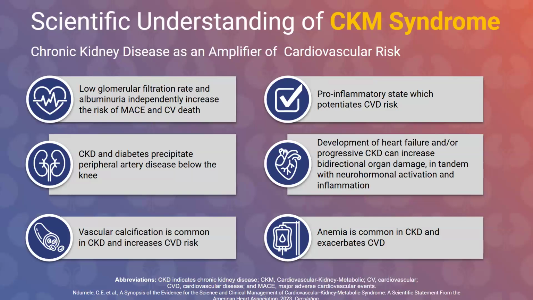And the kidney, why it's been placed at the center, I don't think it was just advocacy on the part of the nephrologists who were represented in this American Heart Advisory, but following the grasp of a body of literature that suggests that low GFR and albuminuria independently increase the risk of major cardiovascular events and cardiovascular death.